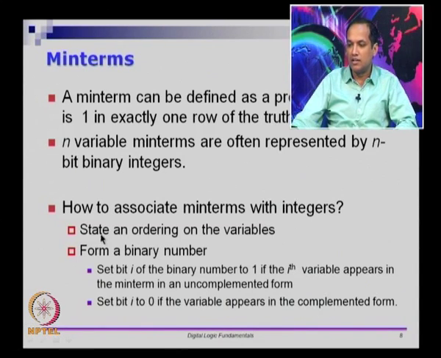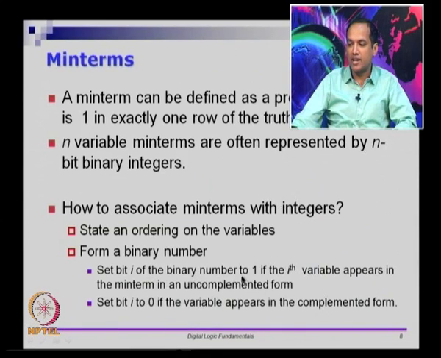You start with some ordering on the variables, form a binary number, and follow two rules. They may look a bit complicated, but with examples it will become clear. We set bit i of the binary number to 1 if the ith variable appears in the Minterm in the uncomplemented form, and we set it to 0 if it appears in the complemented form.